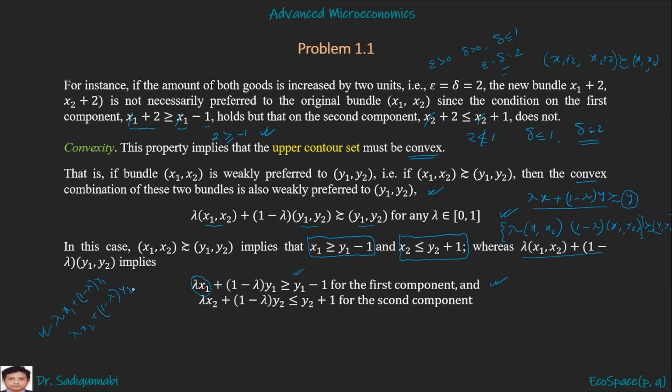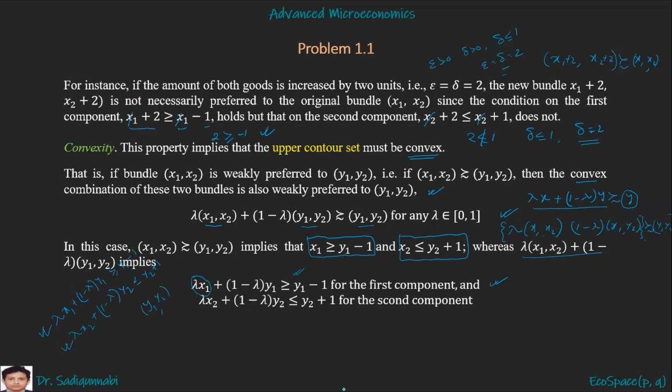The first component should be greater than or equal to y1 minus 1, and the second should be less than or equal to y2 plus 1. So this is our condition now for the convex combination of two bundles and the bundle y1, y2.